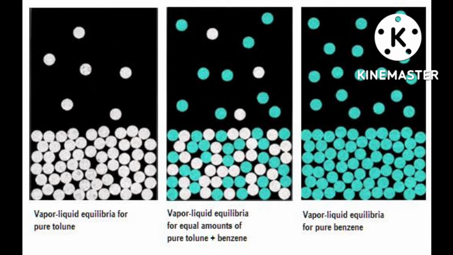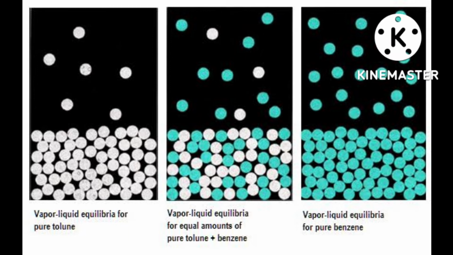Means a liquid will evaporate, it will fill the full container. Then this vapor will create pressure on walls as well as on the surface of liquid. Okay, this is the important thing.